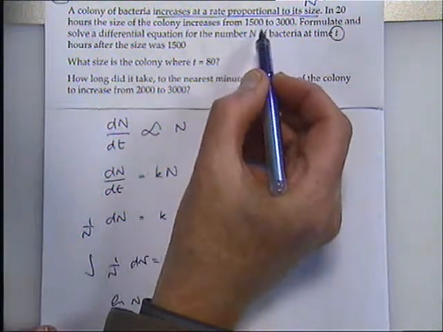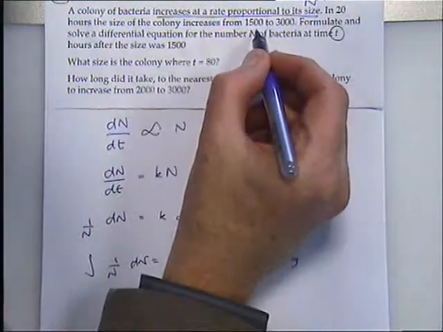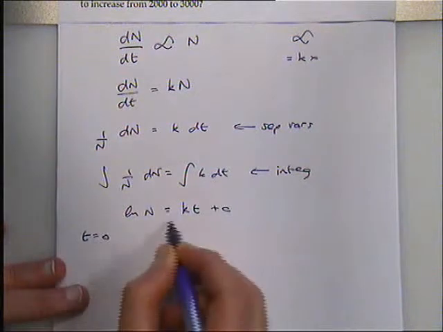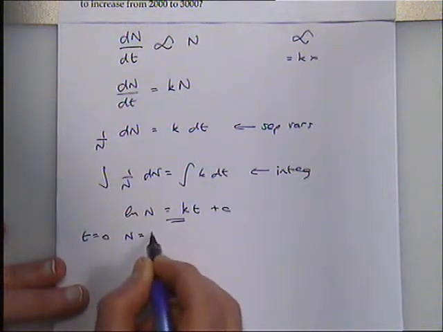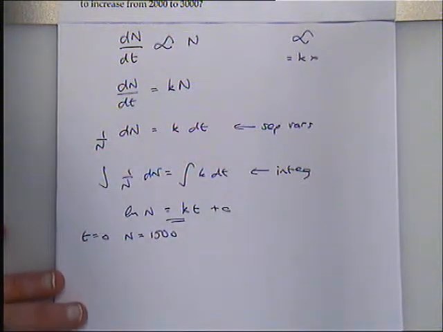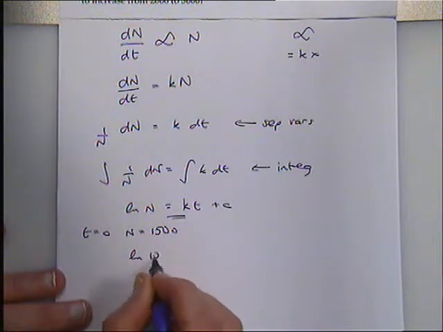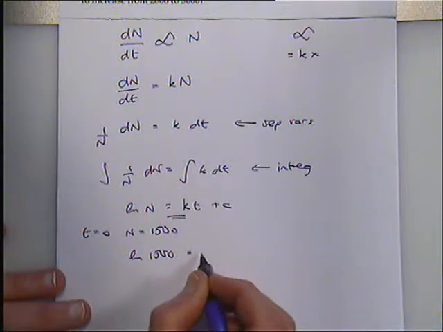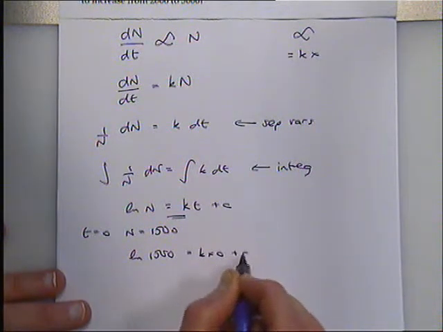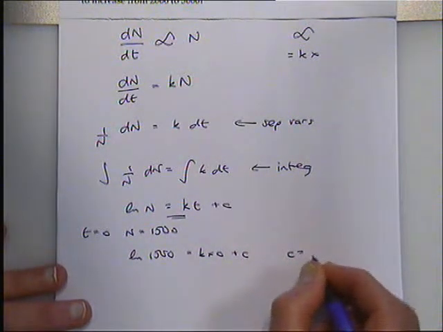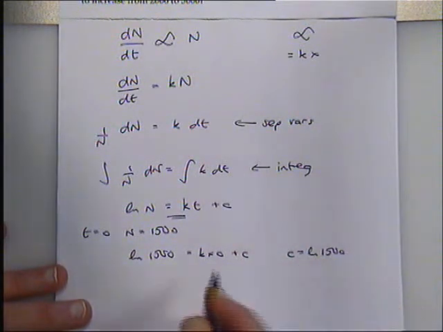It says here, initially, at the beginning, it was 1500 in size. So at time 0, the size of the population of bacteria was 1500. So if we substitute that in, we're going to get log of 1500 equals k times by t plus c. So that tells me what c is. c is going to be log of 1500 because that bit there disappears.